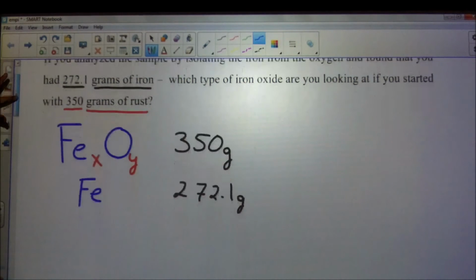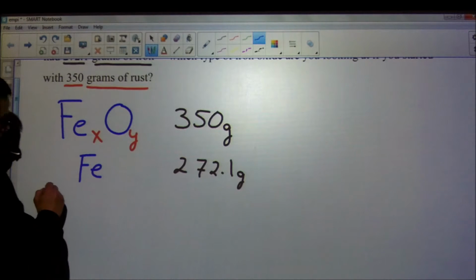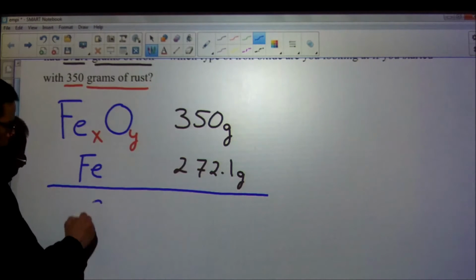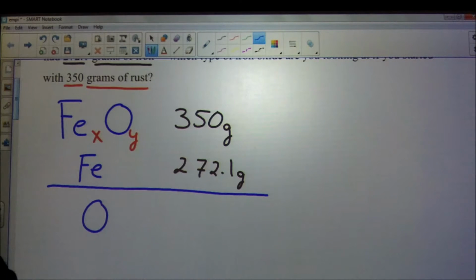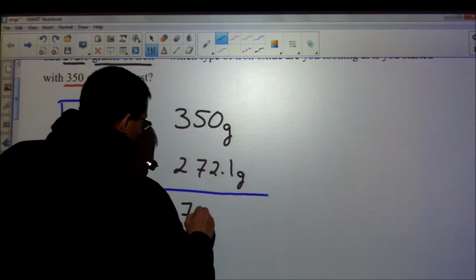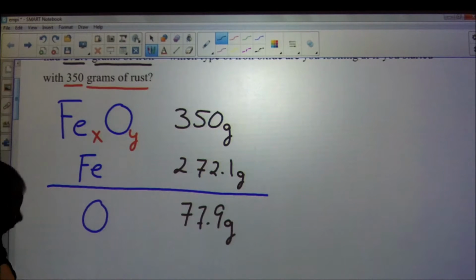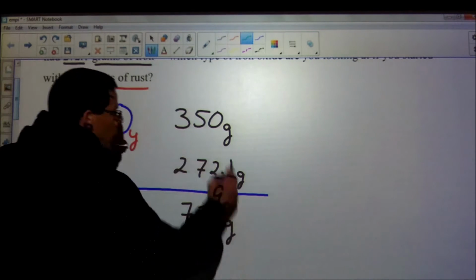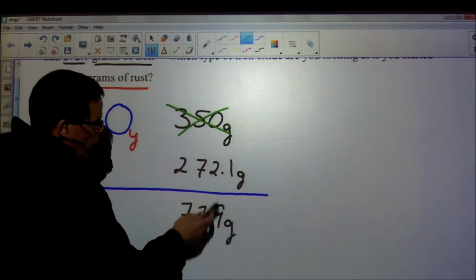So since we know we have a compound that contains 350 grams of this iron and oxygen containing compound, and we know we have 272.1 grams of iron, it is possible to find out how much oxygen we have by taking the difference of those two. And when we take the difference of those two, the calculator says that we have 77.9 grams. Okay? So once we have that information, we really don't want to focus on this number any longer, and we want to focus in on these two values here.